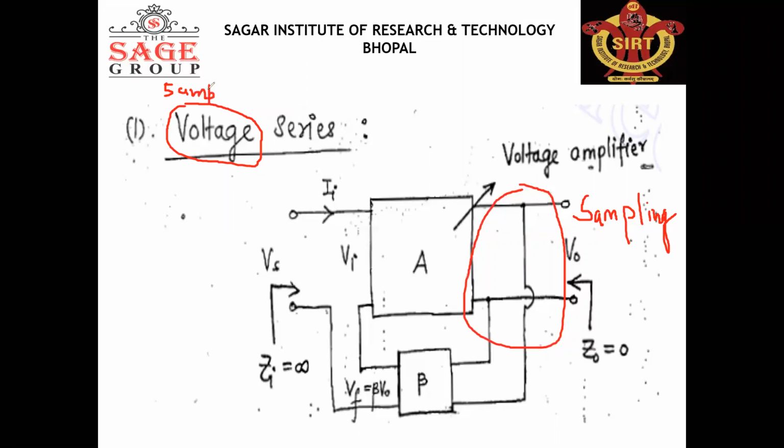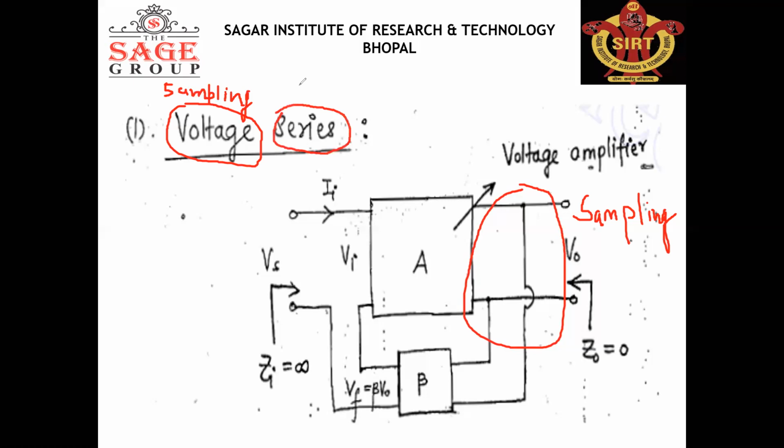The first term is known as sampling. So sampling is done in voltage. So when the voltage is sampled, then amplifier and feedback network should be connected in shunt form or parallel form. This should be clear.